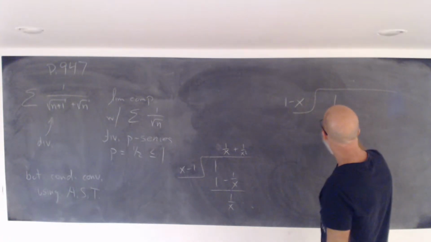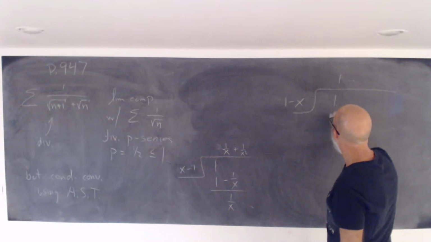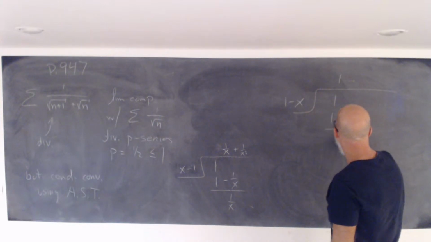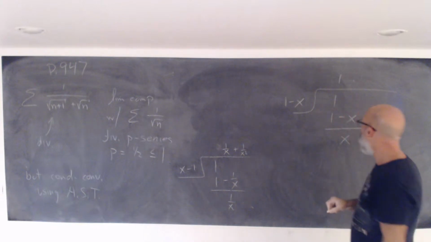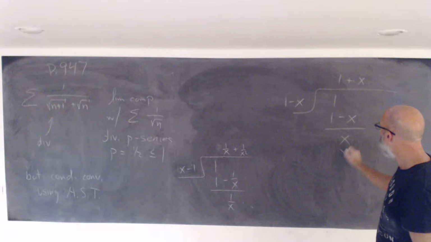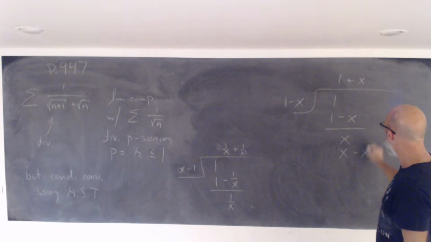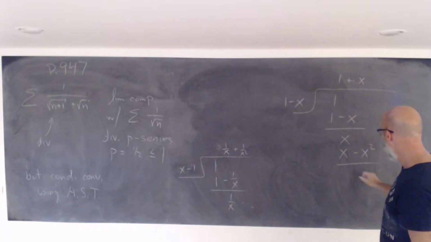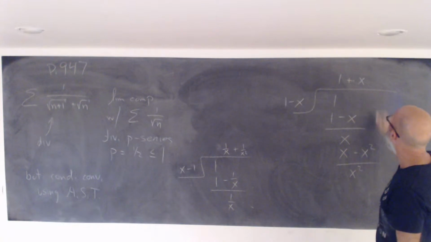Was it 1 minus x, right? So if you multiply by 1 minus x and subtract, you get an x, and then x minus x squared. If you subtract, you get an x squared.